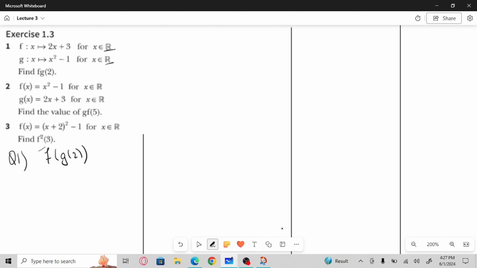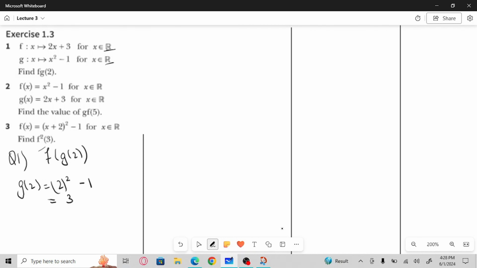Again, first we see what the result will be if we input 2 into the function g. It is 2 squared minus 1, which is equal to 4 minus 1, which is 3, and that's the answer for g of 2.